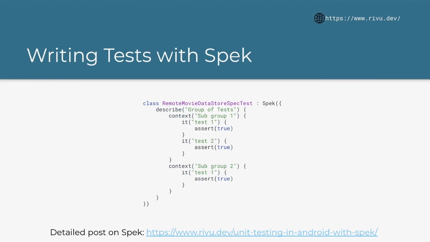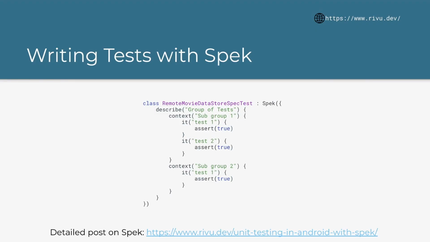So yeah, that's how actually you group the test cases, and inside it you can assert or do whatever test you need. So yeah, describe is the parent group, context is the subgroup, and inside context for test cases you will use it, and that will give you a bit of scope about what this test is about.